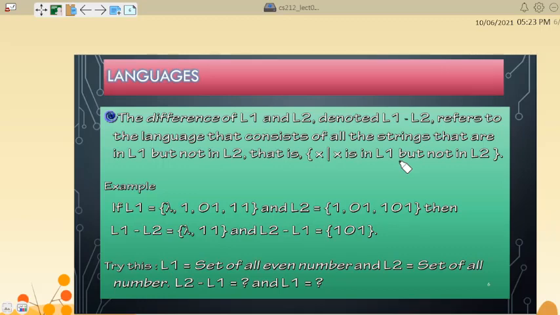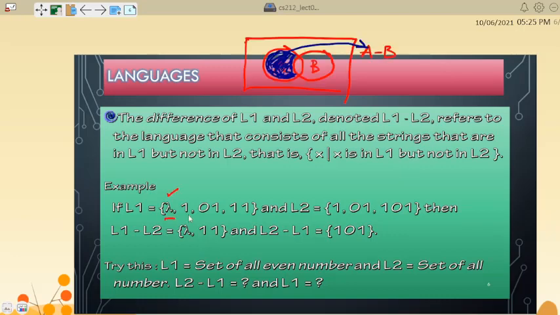All the elements just in L1 but not in L2. Okay, let's look at a Venn diagram here. If this one is A and this one is B, then the set difference between A and B is A minus B. What is A minus B?